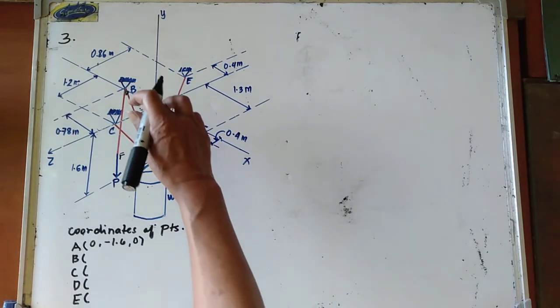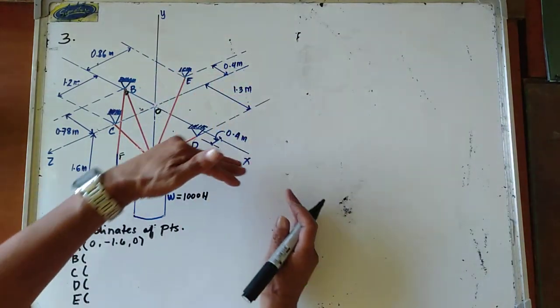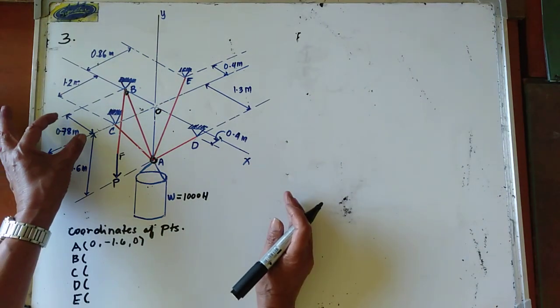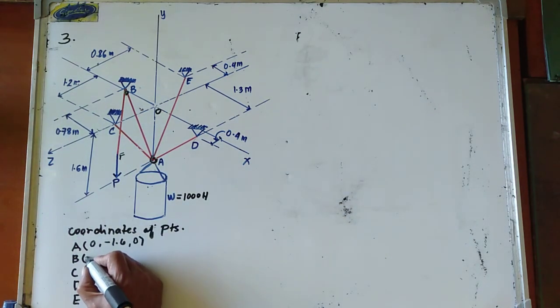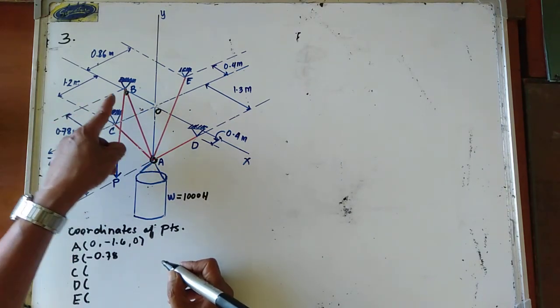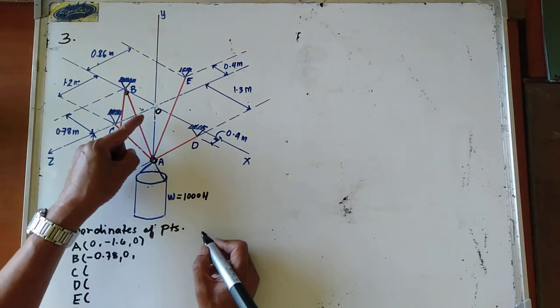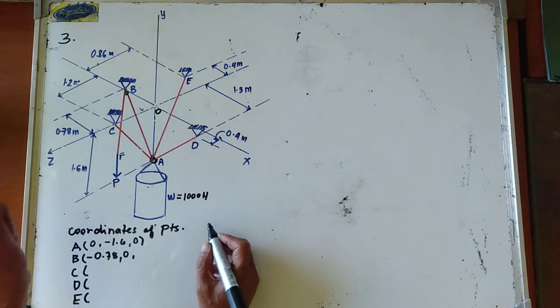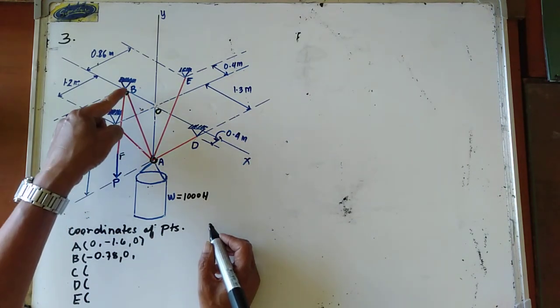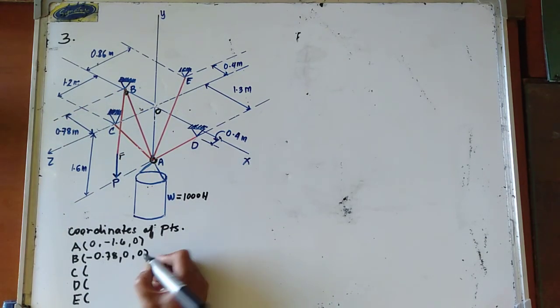Let's proceed to point B. So this is your point B. The x-coordinate is negative 0.78, left of the origin. At point B, the y-coordinate is equal to 0, and the z-coordinate at point B is equal to 0.